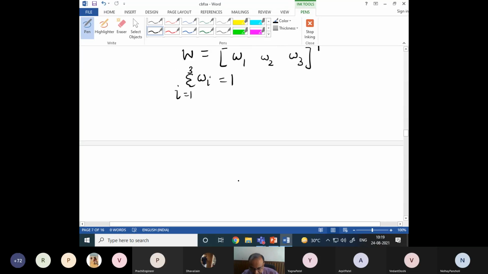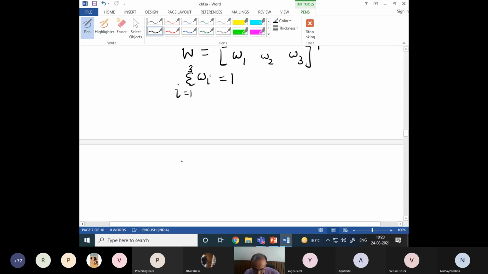Now in my 3 security case, what do I have? I want to find the return first. So my return on portfolio, say RP, has 3 securities. My return on portfolio is what? W1 R1 plus W2 R2, because the weights are different for the 3 securities, plus W3 R3.